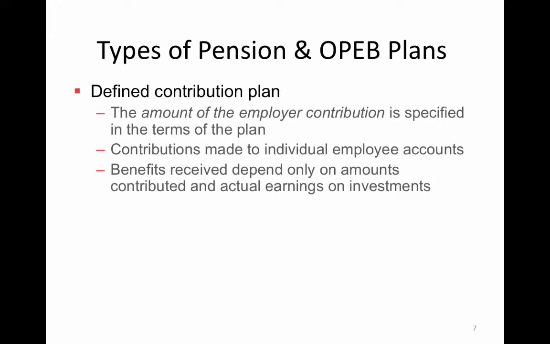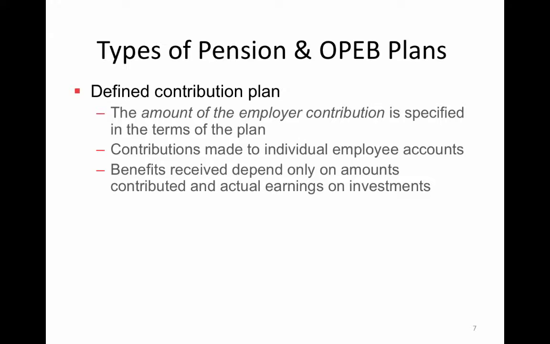A defined contribution plan, as it's defined in the accounting standards, is one that stipulates the amount that the employer is going to contribute to the plan. The contributions are made to accounts for each individual employee, and the benefits that the employee receives ultimately will depend only on how much is contributed and how much those contributions earn when invested.